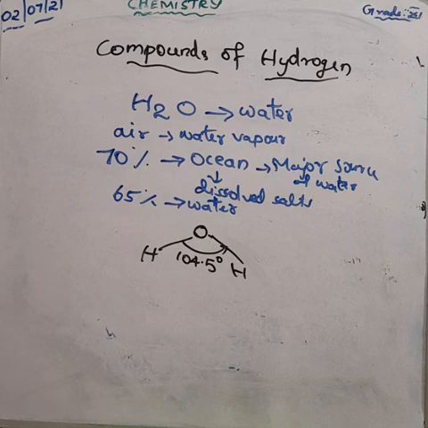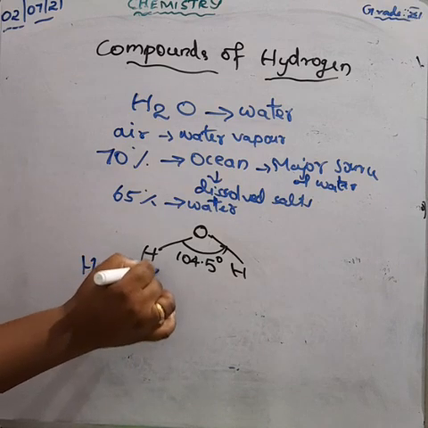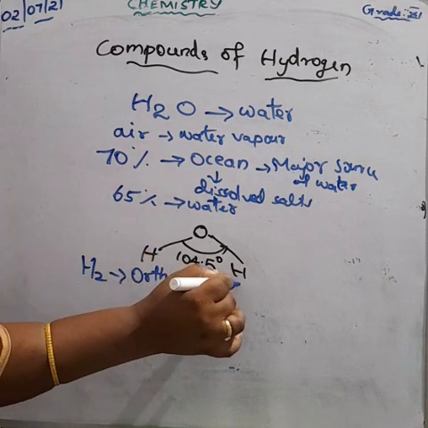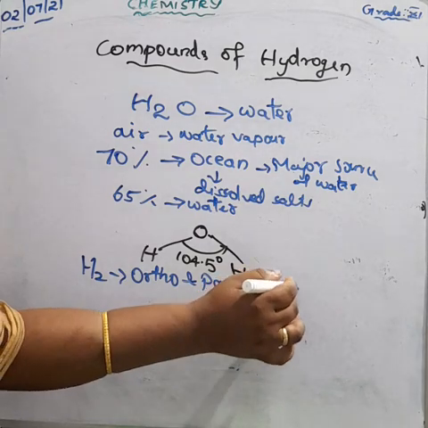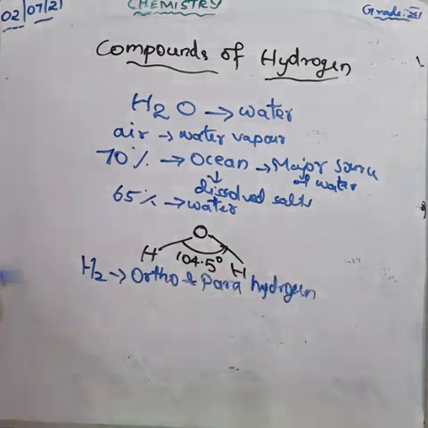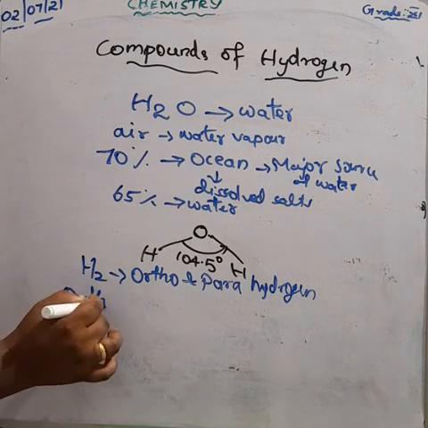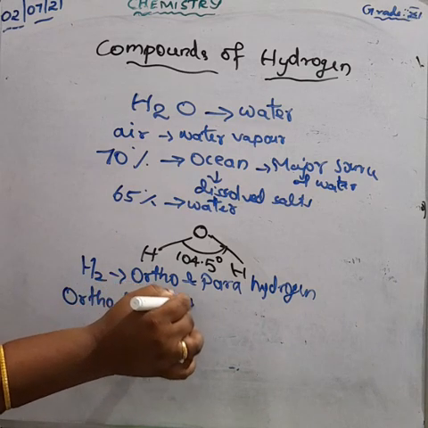We studied about the hydrogen having two isomeric forms, that is orthohydrogen and parahydrogen, in our previous classes. Like that, water can also form two isomeric forms, that is ortho water and para water.